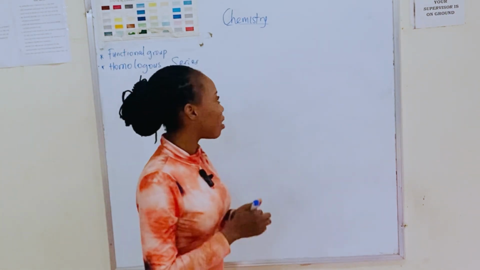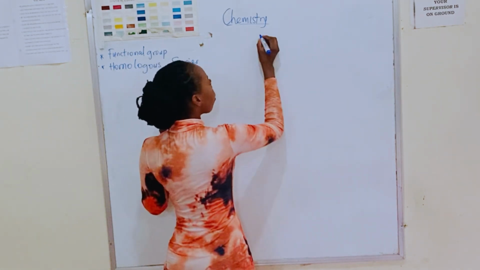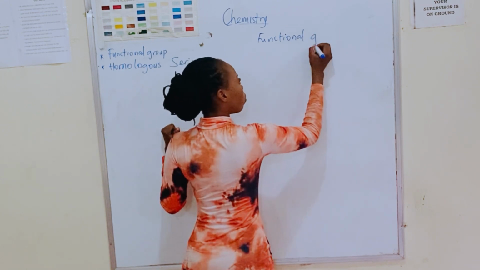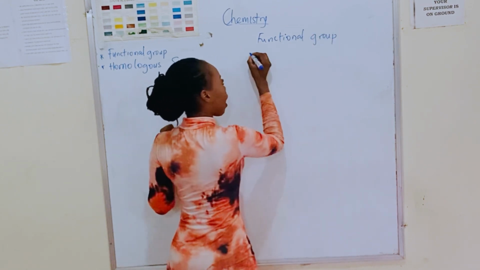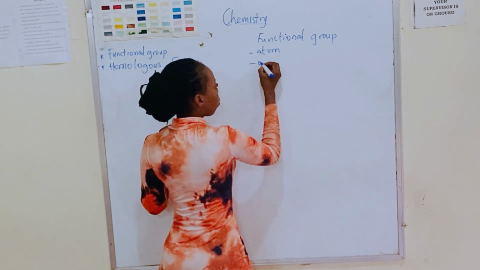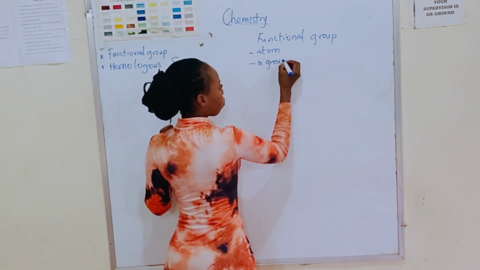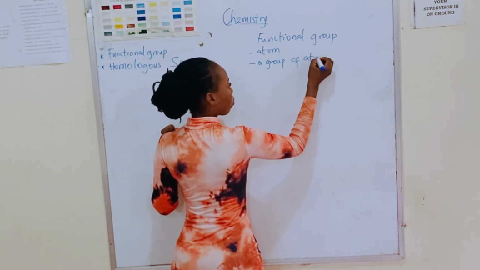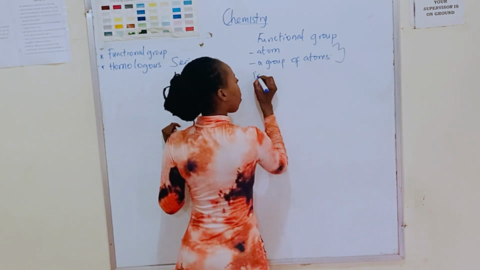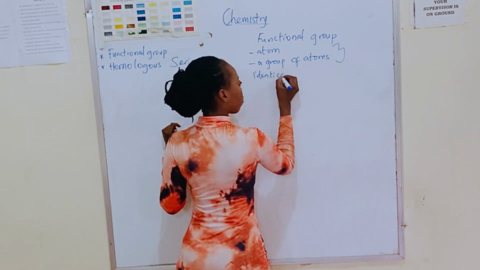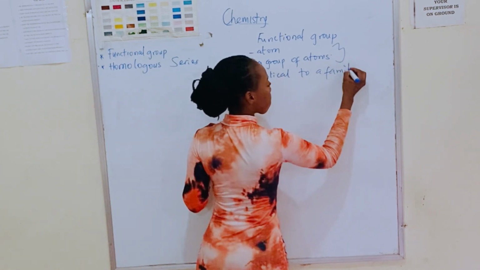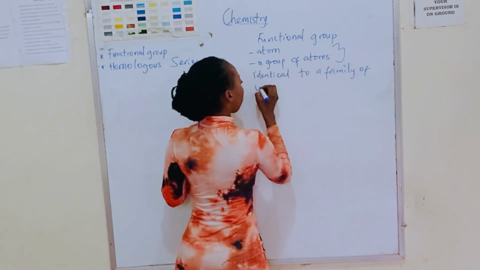So a functional group is an atom or a group of atoms that is identical to a family of organic compound.